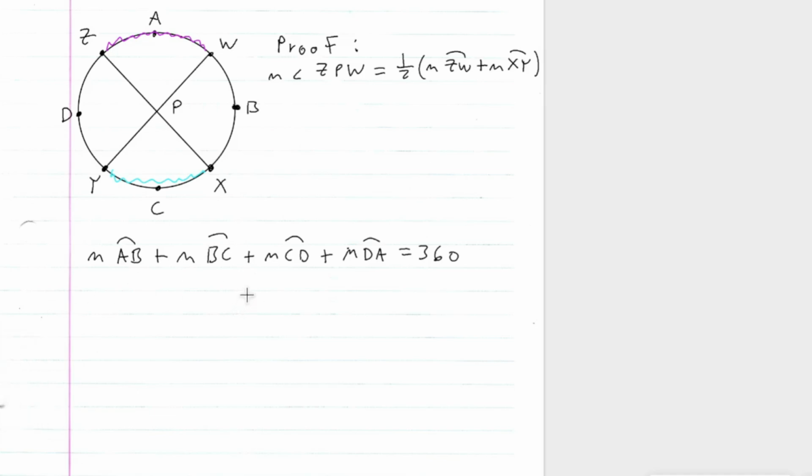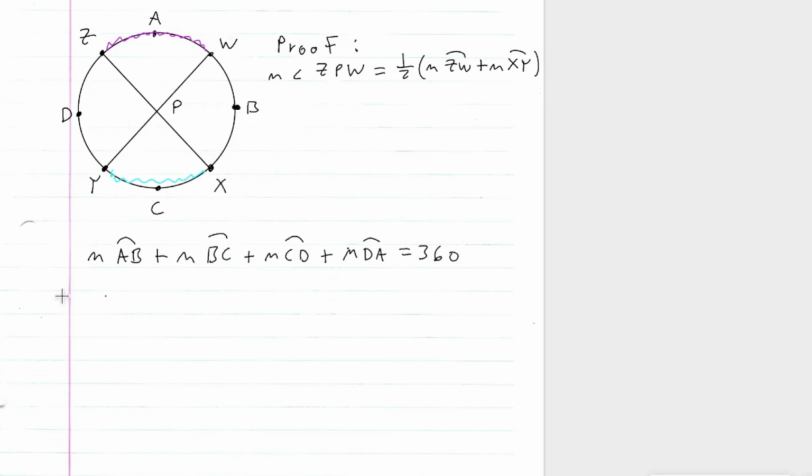So as you can see, the measure of arc AB, since W is a midpoint, means AW is congruent to WB, right? Notice we're only interested in this purple area for ZW.